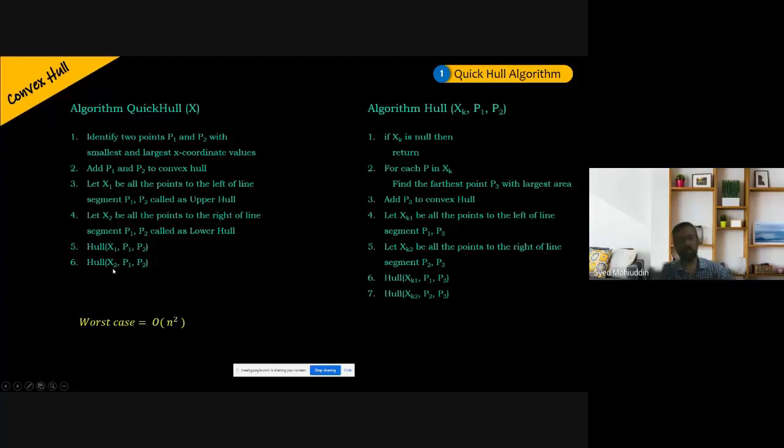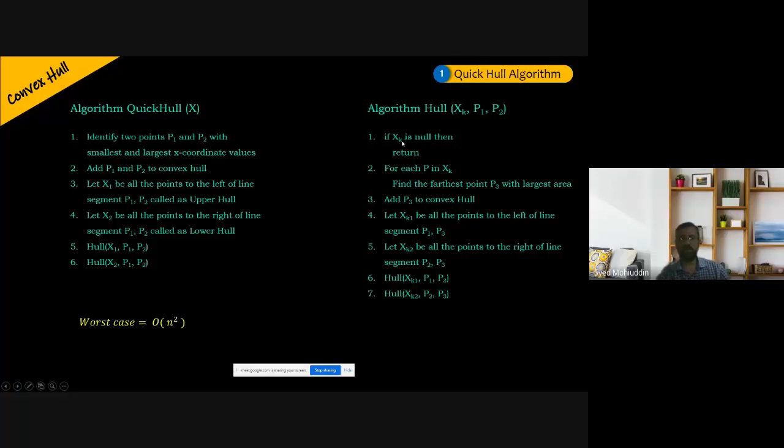X2 is the lower hull, or the points in the lower hull, along with P1 and P2, these 2 extreme points initially chosen. Now the hull algorithm takes 3 parameters: the points which are in the upper or lower hull, and P1 and P2, the segment which divides. So here is the divide and conquer part.